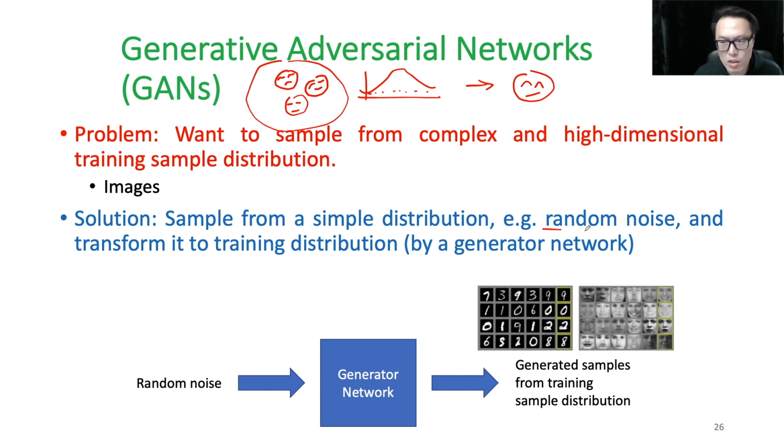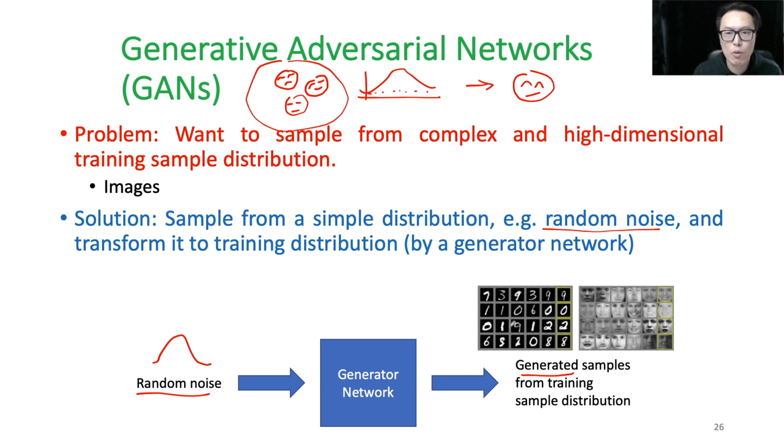The idea that is given right here: generate a random noise according to, for example, the Gaussian distribution, and input it into a network. This network generates from the random noise some new images, for example new faces, new digits, something like that.